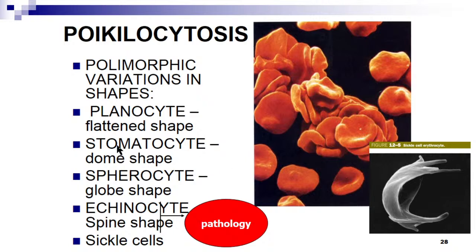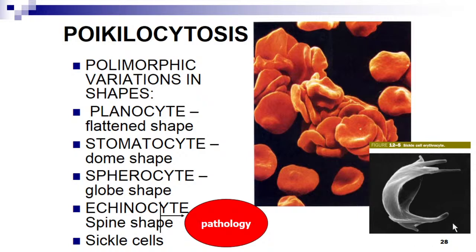This is named stomatocytes, dome shaped cells, like this, for example. This is outer and this is inner. And also we have seen the planocytes, flattened shape. Spherocytes, globe shape. Echinocytes, this is spine shape.